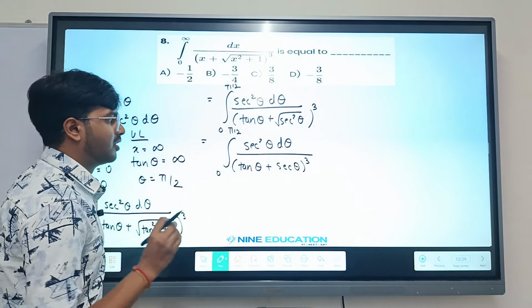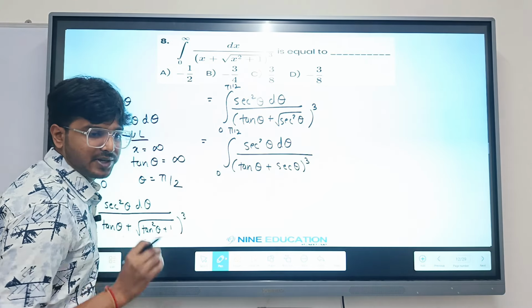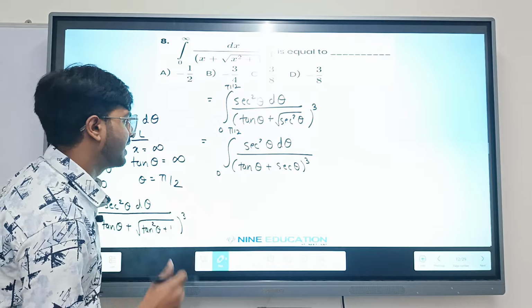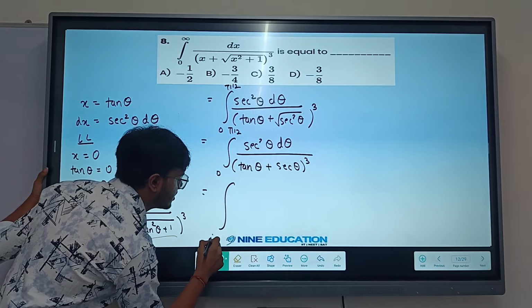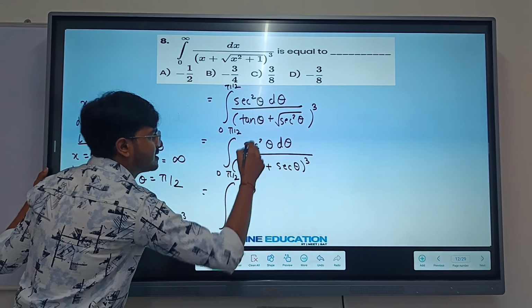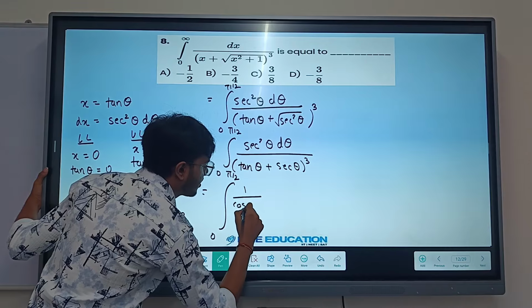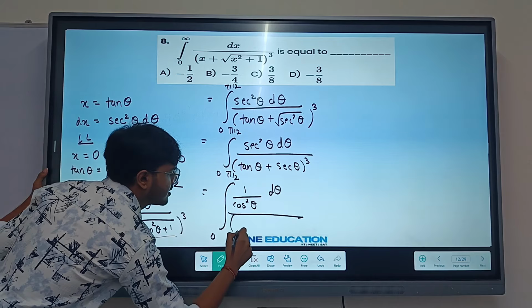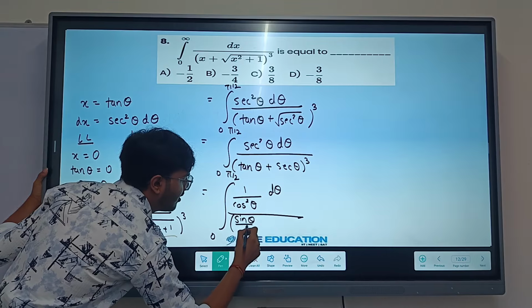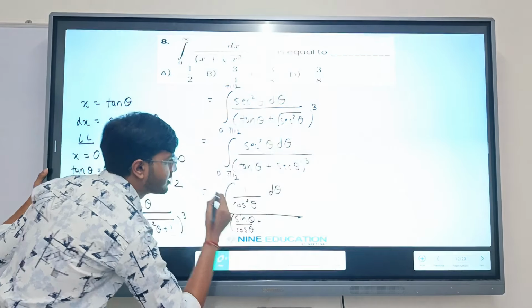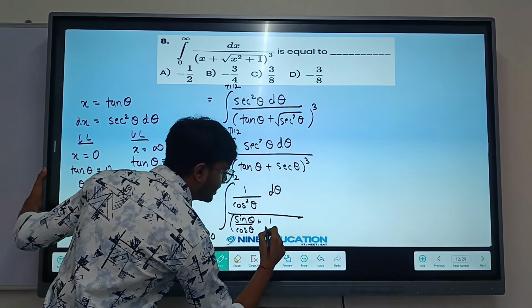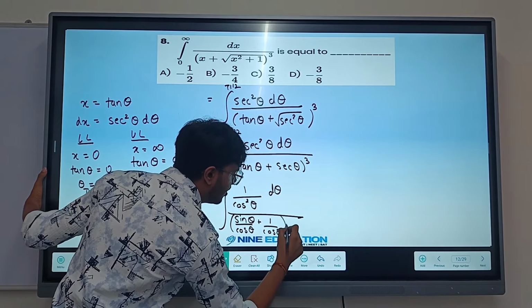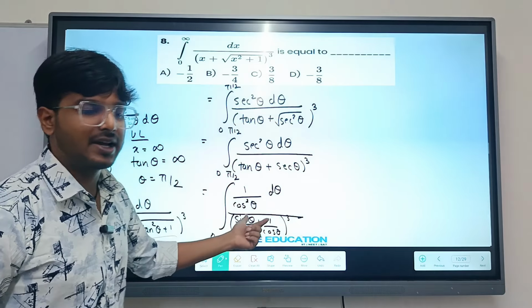Now to do it more easily, I can convert everything to sine and cos. So it will be 0 to pi by 2, secant square is 1 by cos square theta, d theta divided by tan, which is sine theta divided by cos theta, plus again secant is 1 by cos theta, whole cube. So in the denominator, cos is there.